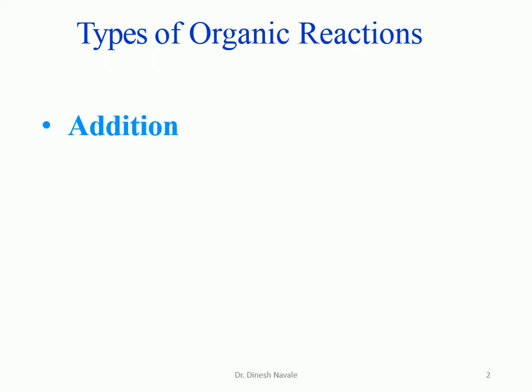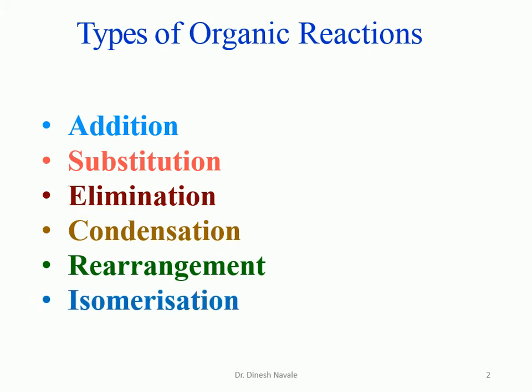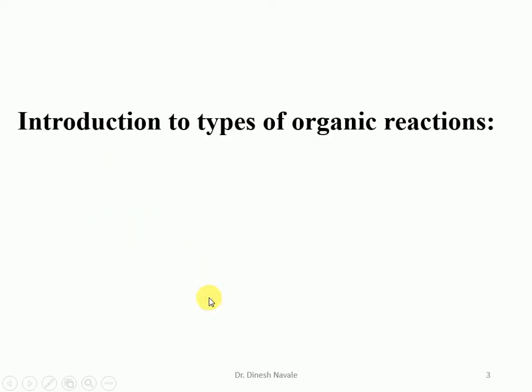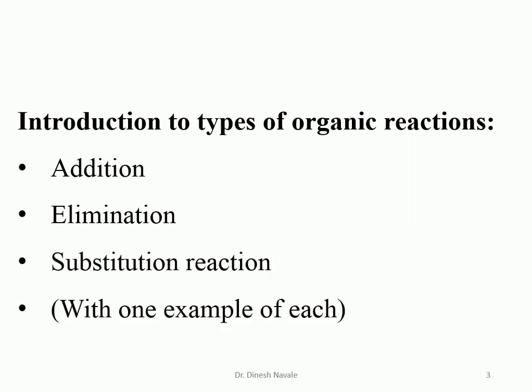There are addition reactions, substitution reactions, elimination reactions, condensation reactions, rearrangement reactions, and isomerization reactions. So organic reactions are normally divided into six to seven different types, of which we are going to see the three main reactions: the definition of each and one example each, that is addition reaction, elimination reaction, and substitution reaction.